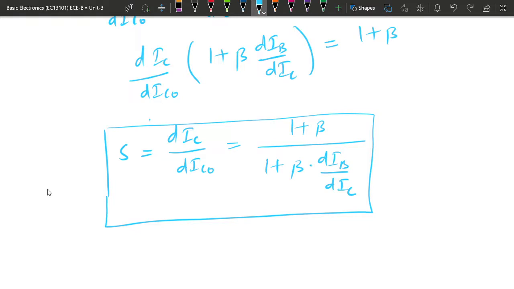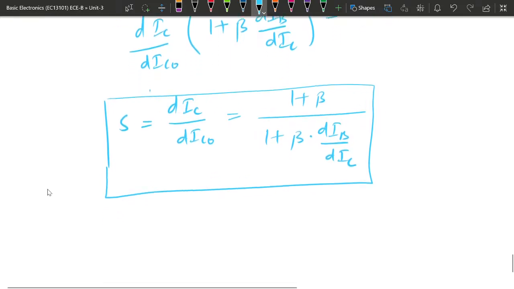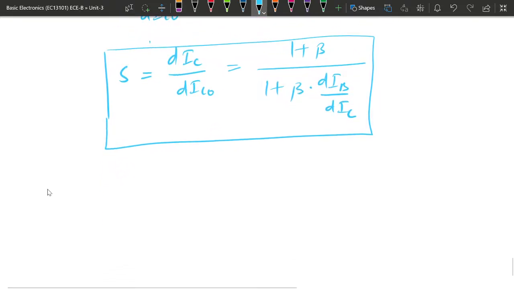So by comparing the value of DIB by DIC, that means the change in IB with respect to IC, we will be getting the value of the stability factor. So this is the stability factor, and how a BJT circuit should be considered, whether it is stable or not.